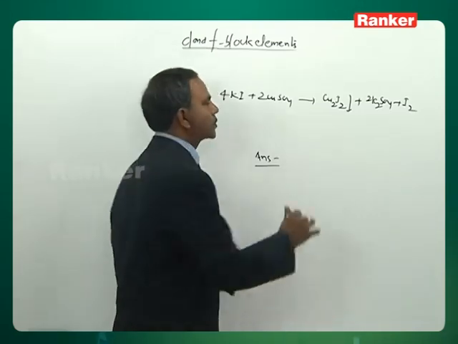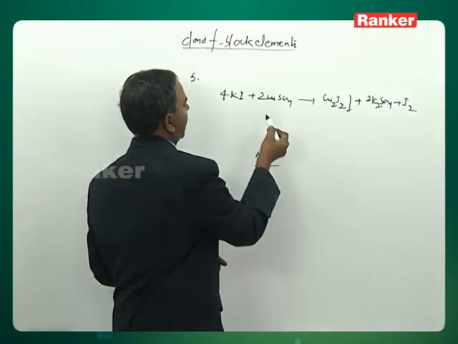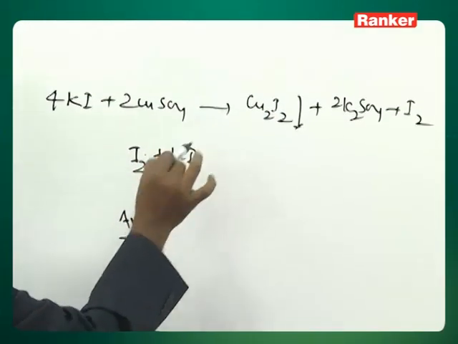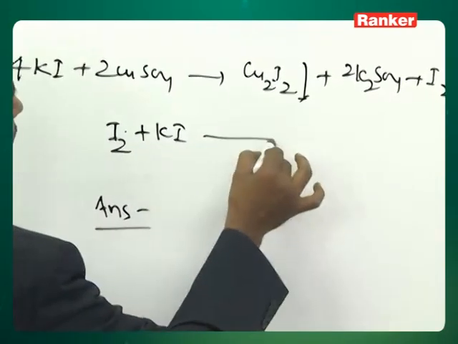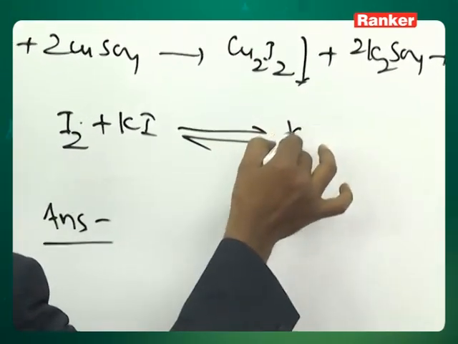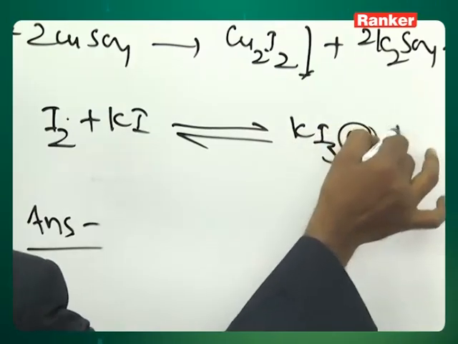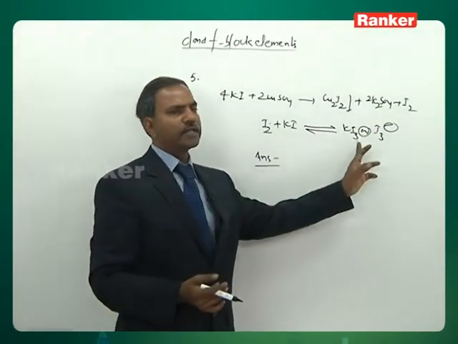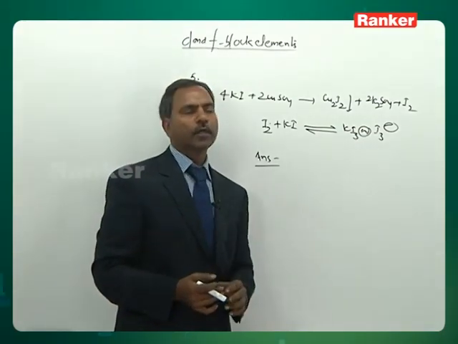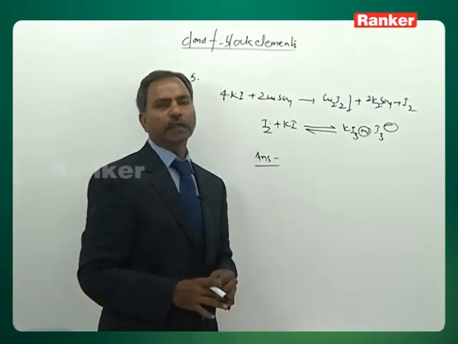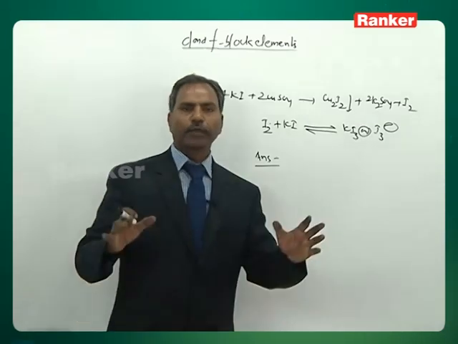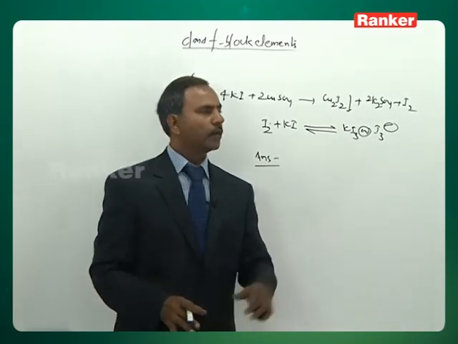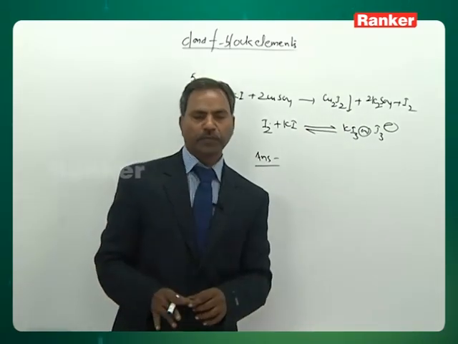As I2 is produced in the first equation, this I2 freely reacts with a little more KI, giving rise to a complex KI3, the triiodide ion complex. Wherever KI is converted into the KI3 complex, KI3 is soluble in water, but Cu2I2 is a precipitate.